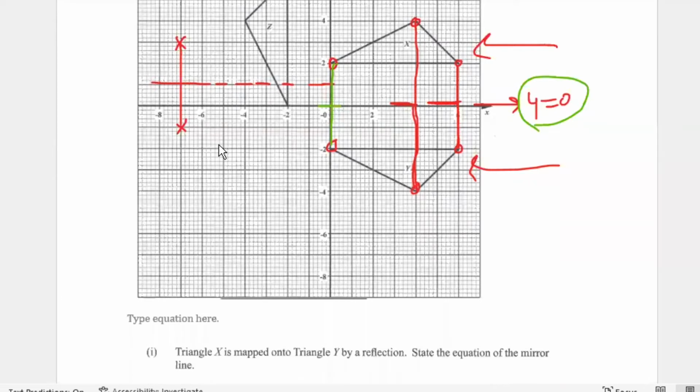So let's say my object is here and my image is here. Where is my mirror line? What is the equation for my mirror line here?